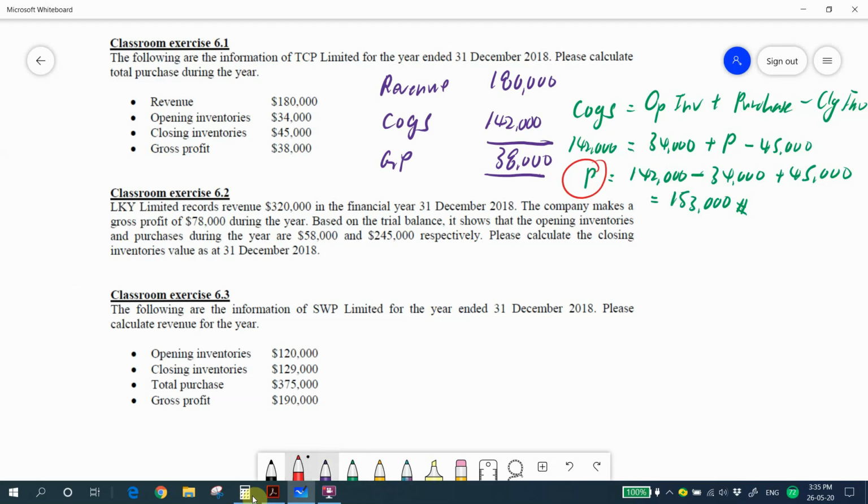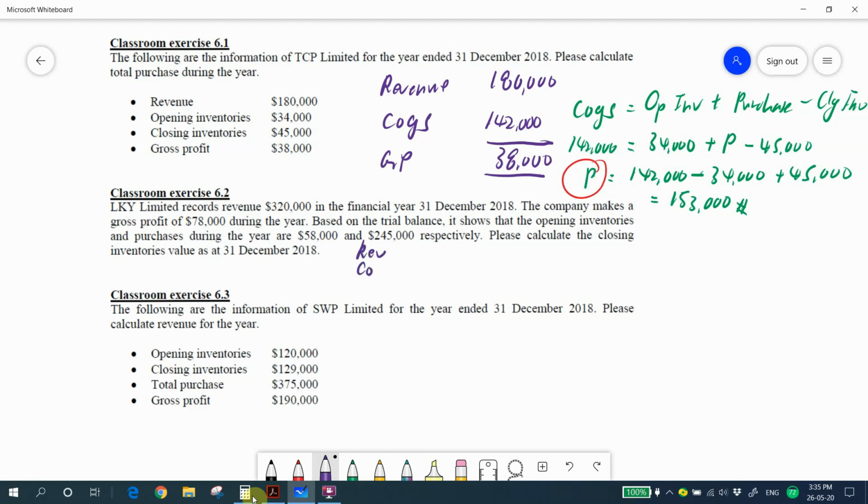Classroom exercise 6.2. LKY Limited records revenue of 320,000 in the financial year ended 31st December 2018. The company makes a gross profit of 78,000 during the year. Based on the trial balance, the opening inventory and purchases during the year are 58,000 and 245,000 respectively. Please calculate the closing inventory value as at 31st December 2018. Similarly, we draw a simple trading account.